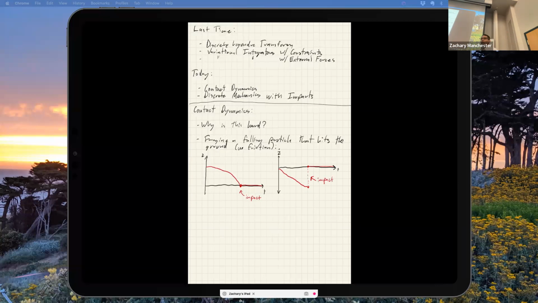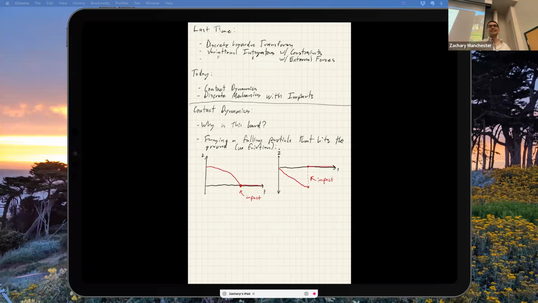Right, if I think about this, what's going to happen is it's going to have g delta t, however long it was falling, right? That's this velocity here, minus g delta t. And then when it hits the ground, it stops, right? There's this big impact, and all of a sudden the velocity in the vertical direction goes from whatever this was to 0.